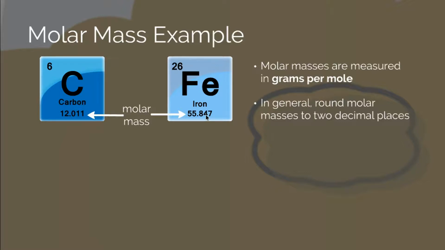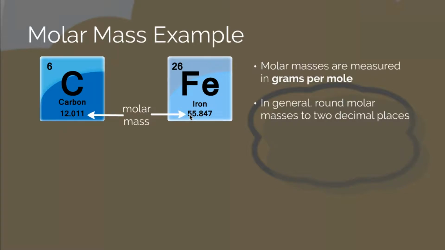So don't worry about giving me 6 decimal places, 10 decimal places. That's a little too much. We'll just stick with 2 decimal places. Now, if I just ask very simply, what is the molar mass of 1 mole of iron? You could just tell me that it is 55.85 grams in 1 mole.